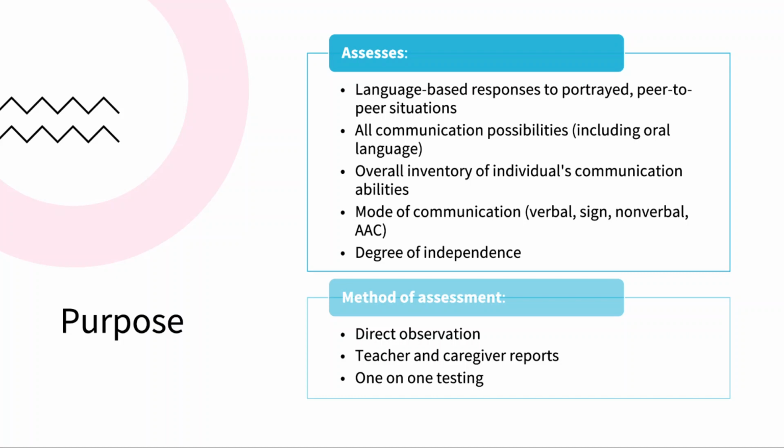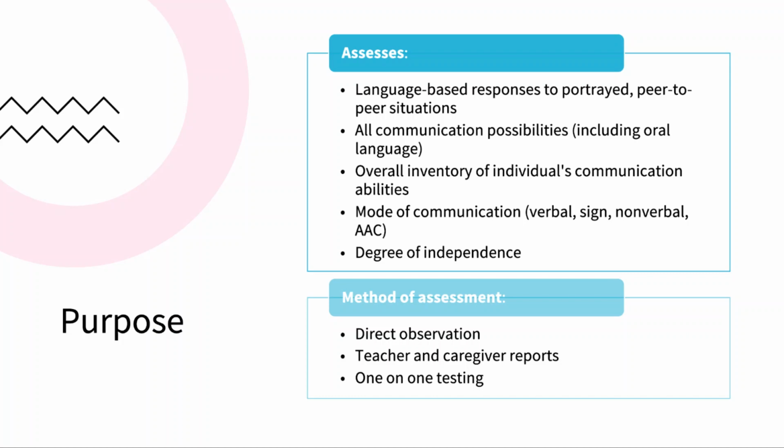The test assesses students' language-based responses to portrayed peer-to-peer situations, which is unlike other tests which rely on observation forms. It addresses all communication possibilities, including oral language expression. The FCPR yields an overall inventory of an individual's communication abilities, mode of communication, whether that be verbal, sign, nonverbal, or augmentative and alternative communication, as well as the person's degree of independence.